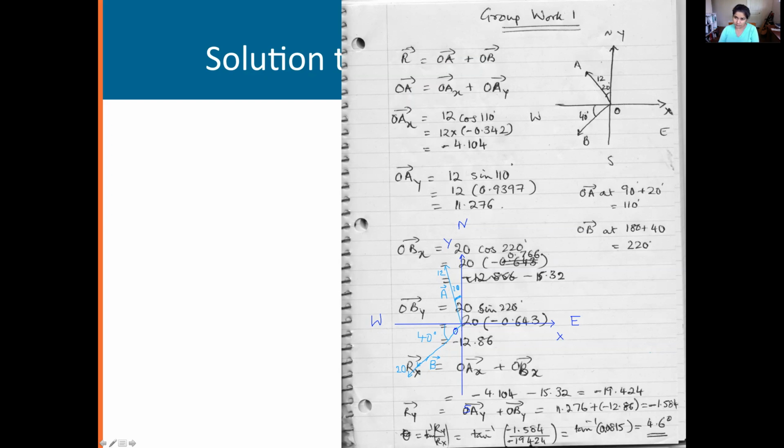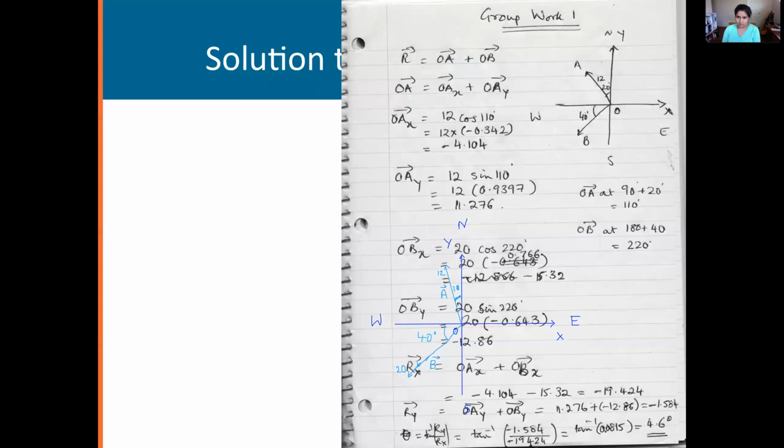Looking at this vector, you can see that its x component is going to be negative because the projection is going to come to the left of the origin, and its y component is going to be positive. Okay, so what's the formula we need to use? We have AX is going to be A cosine of the angle with the positive x direction. So we need this entire angle here from the positive x direction.